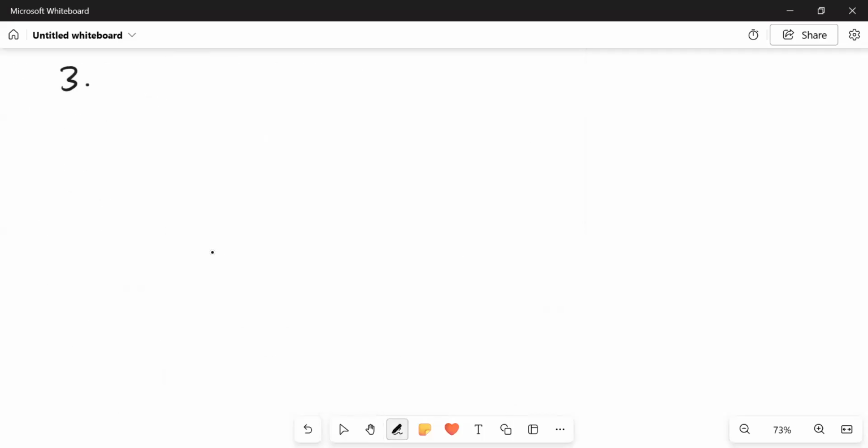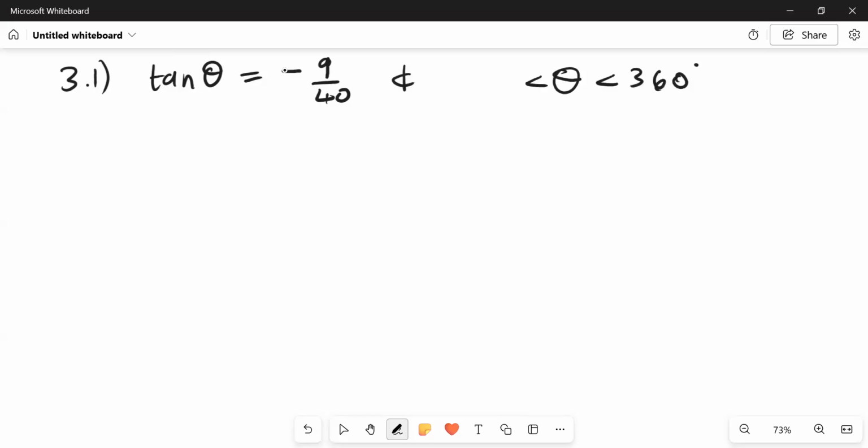Okay, so 3.1. For 3.1, you are given your tan theta equals negative 9 over 40. And then your theta, they're saying, is between 360 and 180. Now I'll explain why I'm calling these my conditions.